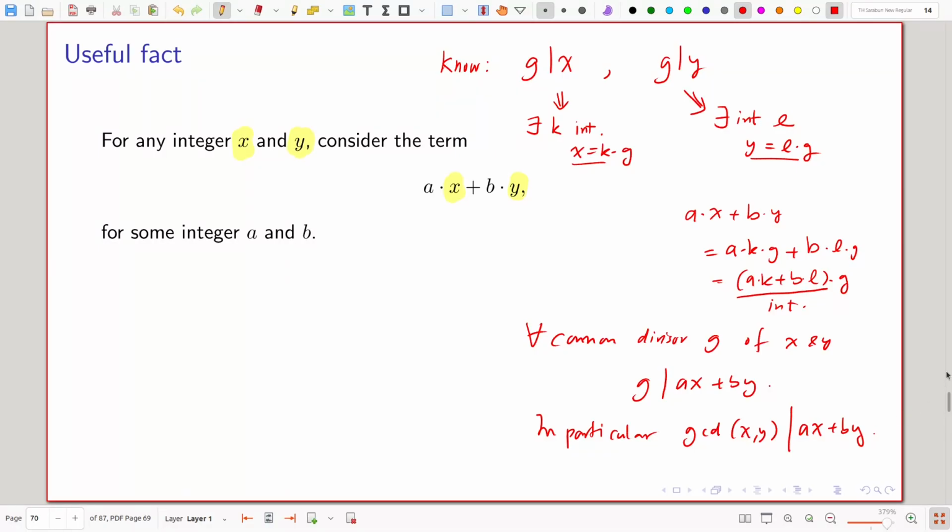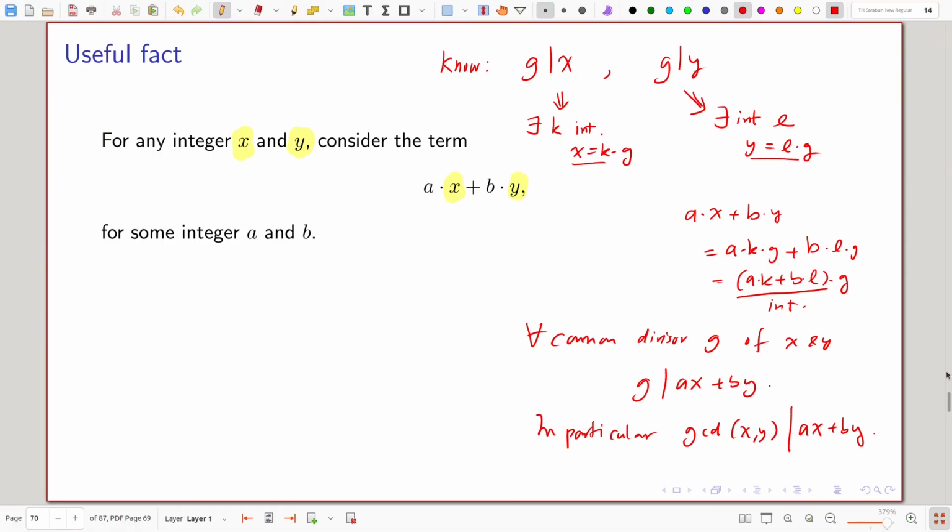Okay. On the other hand, if I know that there's some number that divides this term, can you relate that number with the GCD? Maybe, maybe not, because a and b may be 0. If a and b are 0, then you get 0, and then you cannot. It's really hard to relate 0 with anyone, right?